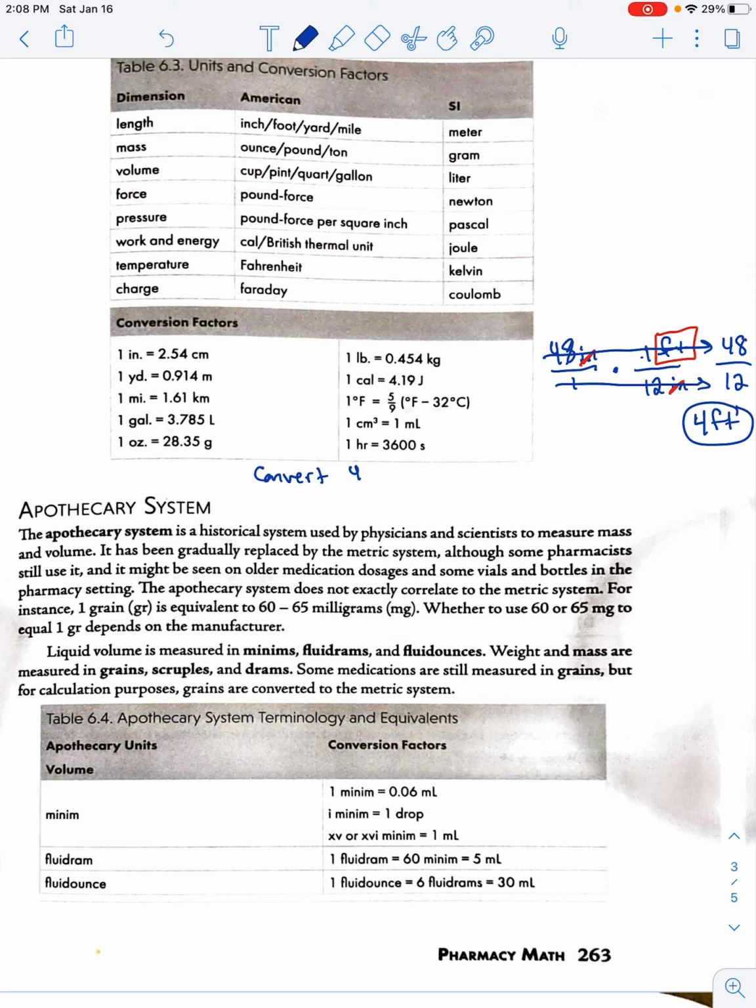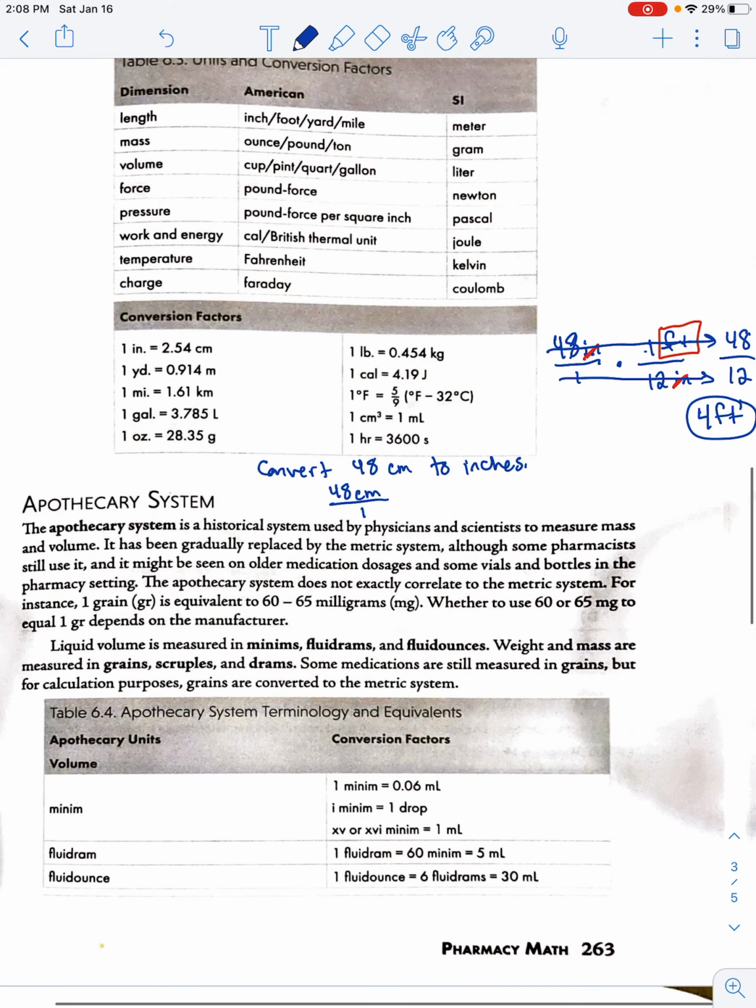So let's do that problem that I just made up there. Convert 48 centimeters to inches. So how would we do that? We'd write down 48 centimeters, cm is the abbreviation, over 1, and multiply the 48 centimeters over 1 by the conversion factor. The conversion factor between centimeters and inches is right here: 1 inch is 2.54 centimeters.